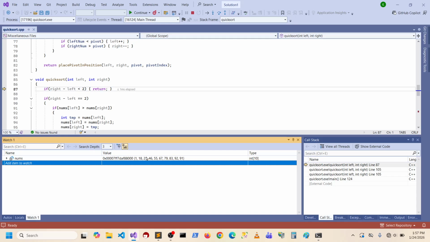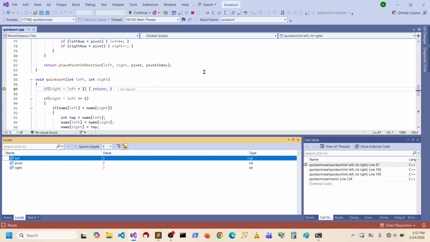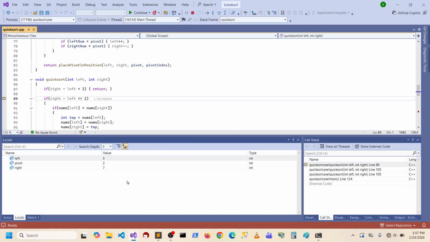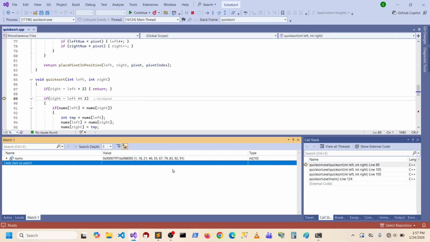And pivot is 21. So they're both still above it. But it equals 2. So 67 and 83, they don't need to swap.